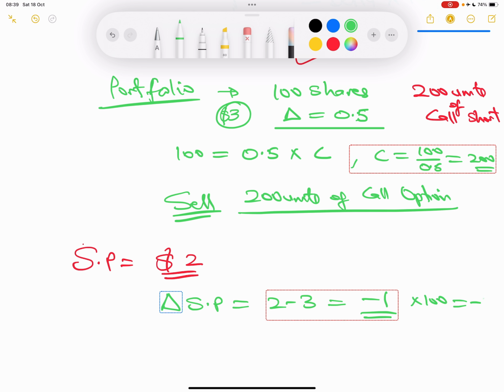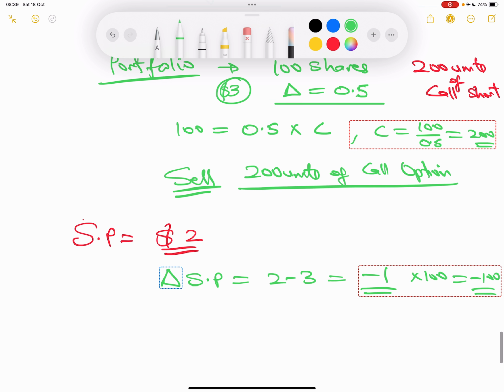It means we must have had minus 100 if we did not have an option position. But because we've done a perfect delta hedge, this loss will be taken care of by the short position that we have in call. So we need to find out what has happened to the valuation of the call.